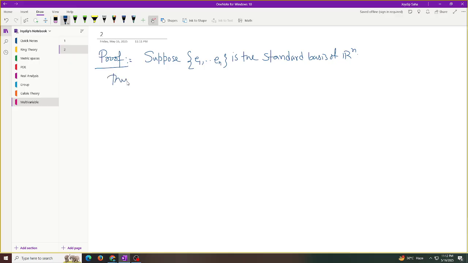Then x belongs to R to the power n, and x equals (x1, ..., xn) implies x equals summation xi ei, i equals 1 to n, where ei is 0, 0, 0, 1 at the ith position.